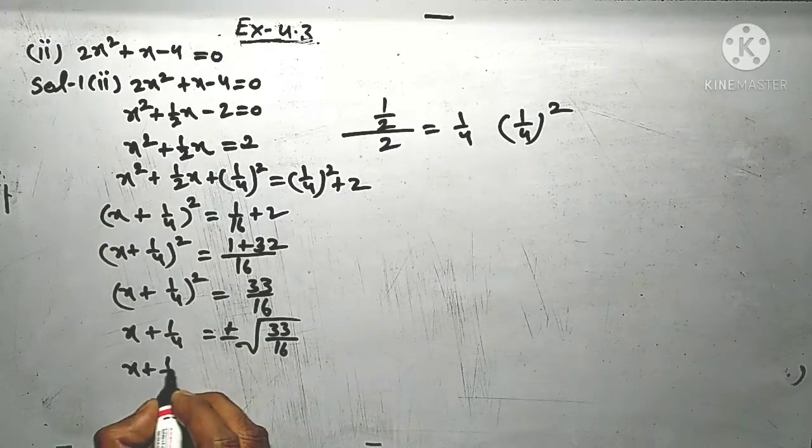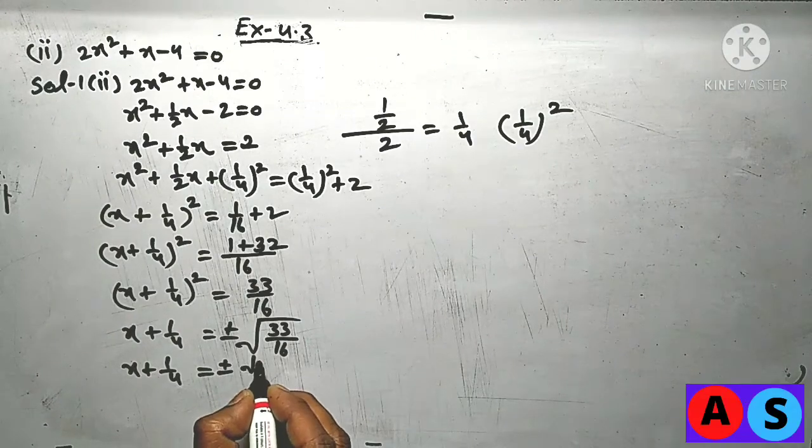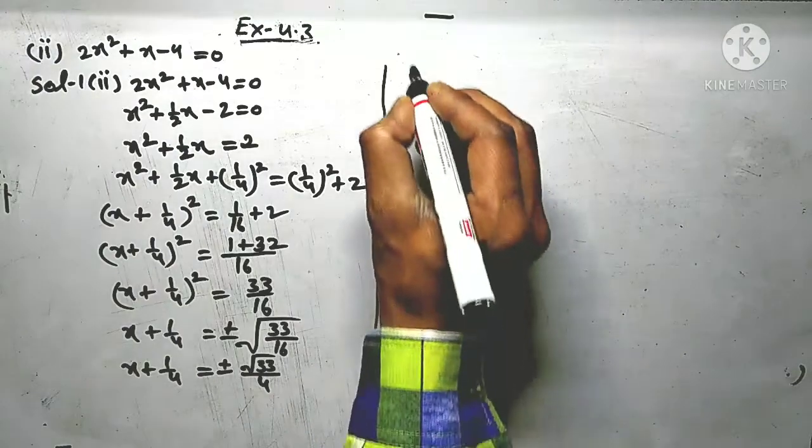x plus 1 over 4 is equal to plus minus under root 33 over 4.